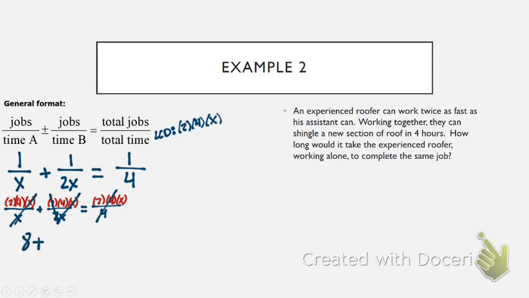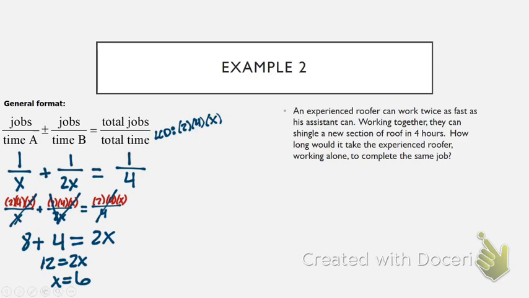So I had fractions, but multiplying by my LCD left me with something I think I can handle. So once we got rid of the denominators, we're just left with 8 plus 4 equals 2X, which gives me 12 equals 2X, which means X equals 6.